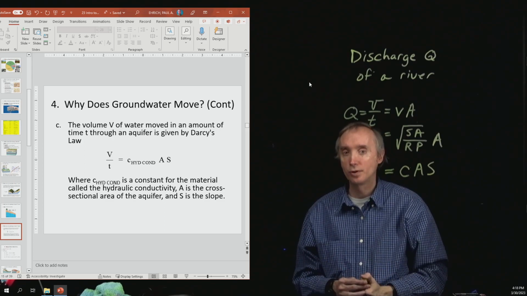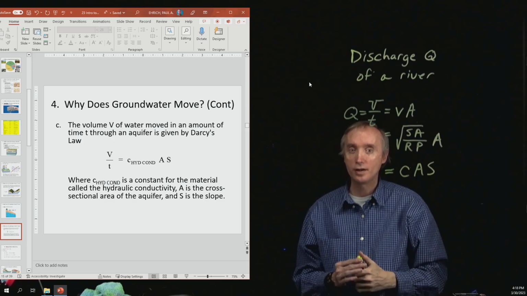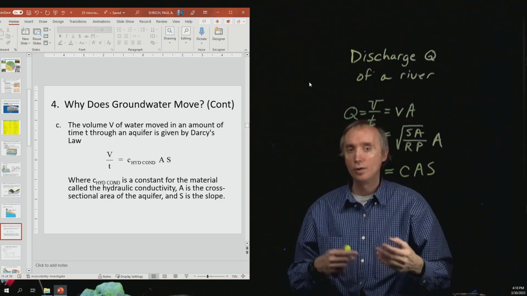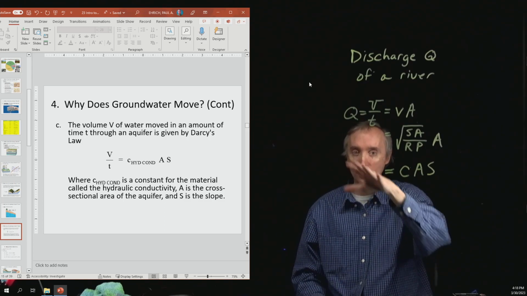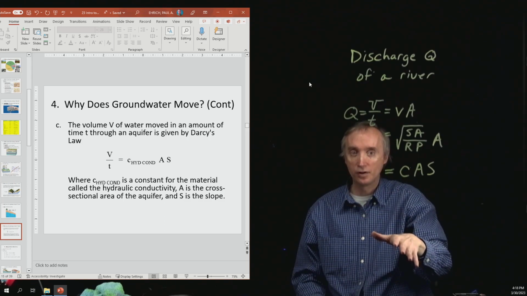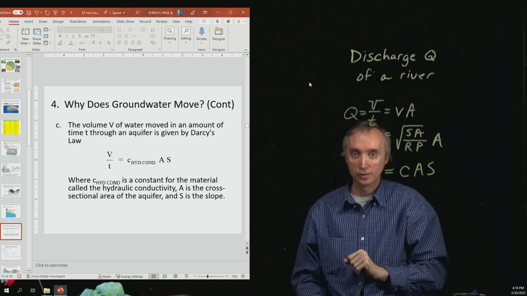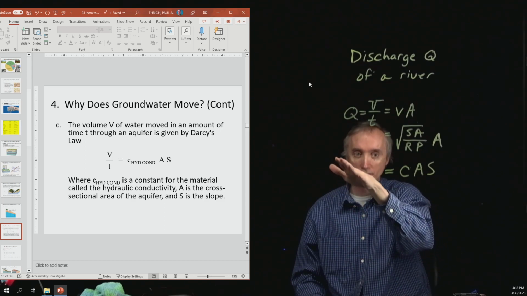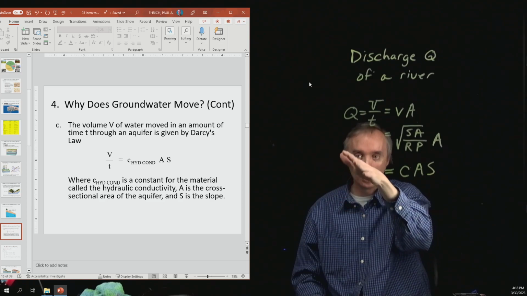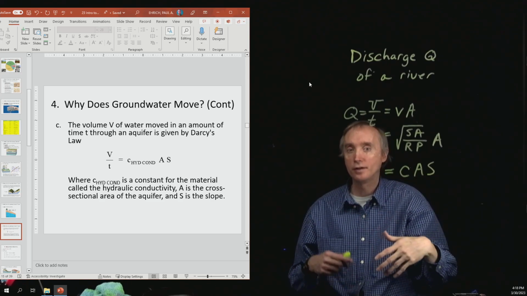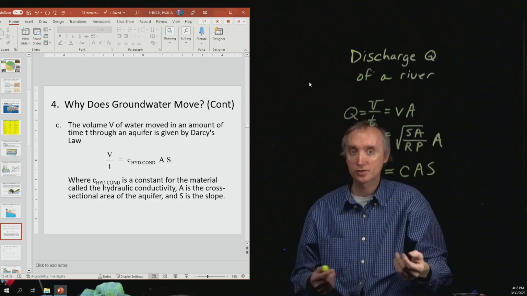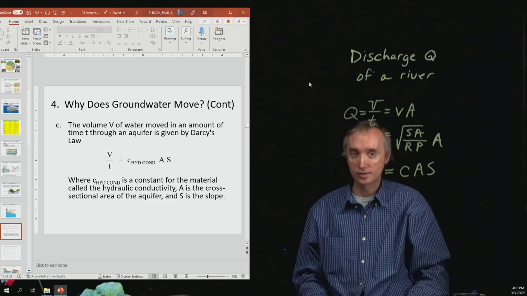actually plugging in numbers into this formula, but I could ask you, what would happen if the underground water is flowing steeper? Okay, it's flowing down a steeper slope under the ground. Would it be running faster, or would it be running slower, all things considered?